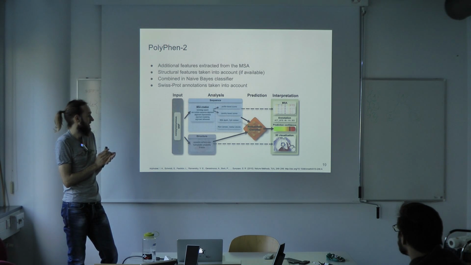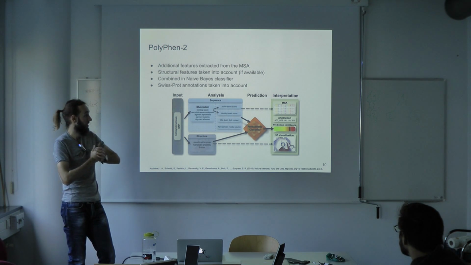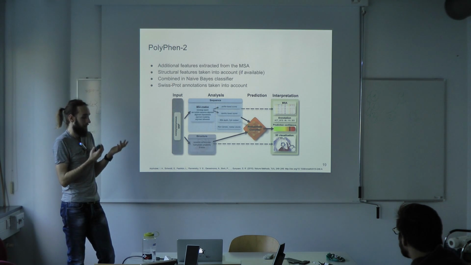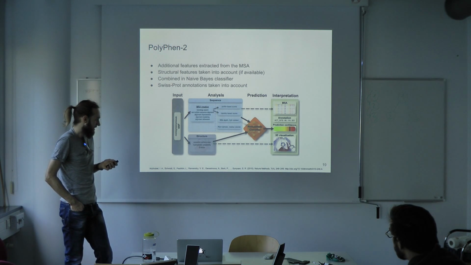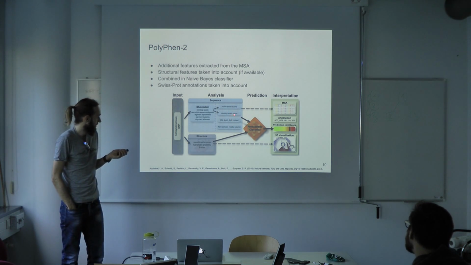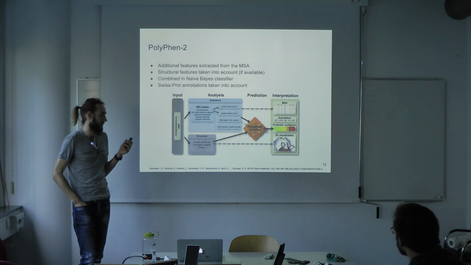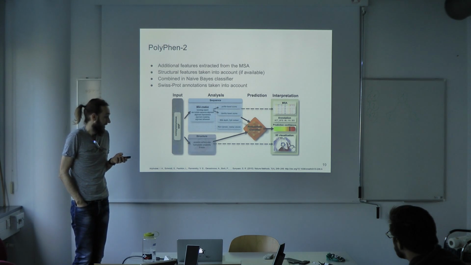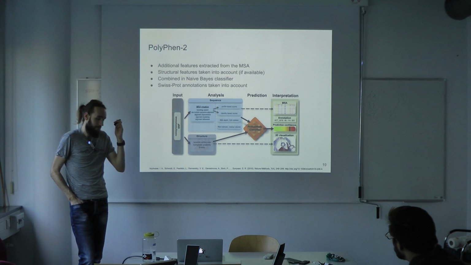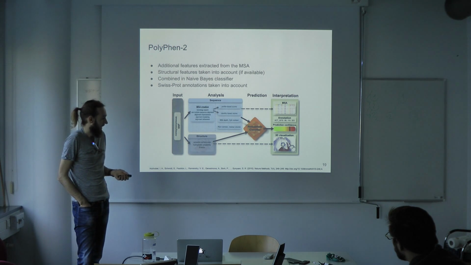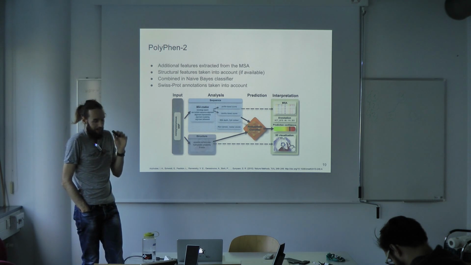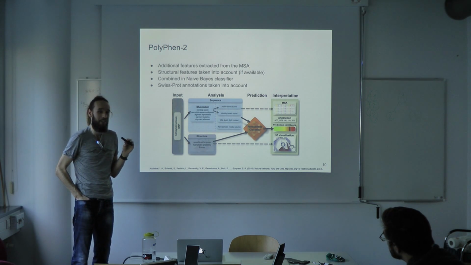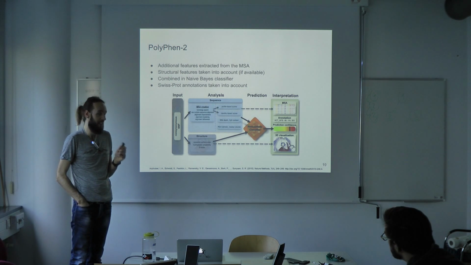What Polyphen does is that this is now actually a machine learner, so it uses the multiple sequence alignment, it extracts out of that several features such as several scores on the identity, on how conserved certain residues are, and so on. The thing is, it extracts a lot more features from the multiple sequence alignment.